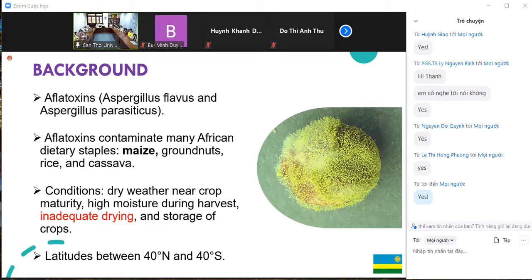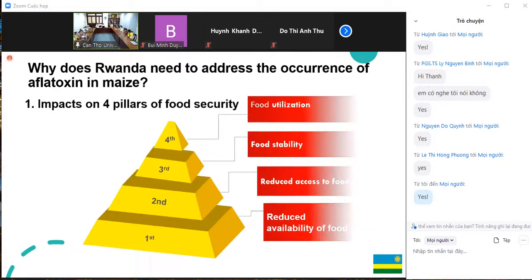Countries lying between latitude 40 in the north and 40 in the south are very susceptible to aflatoxin. Why does Rwanda need to address the occurrence of aflatoxin in maize? It's because aflatoxin has a great impact on the four pillars of food security.